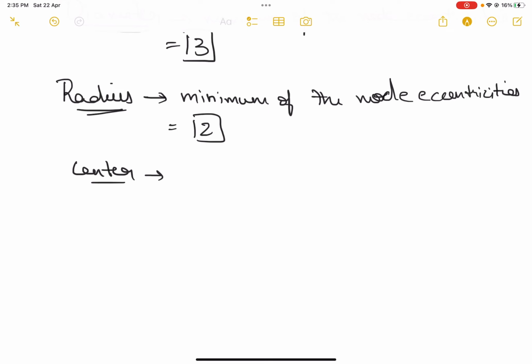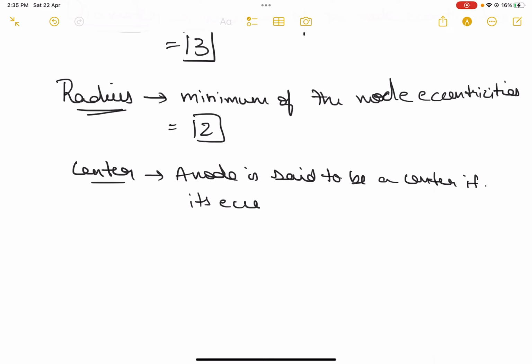A node is said to be a center if its eccentricity is equal to the radius, right? So the radius is 2 in this case.